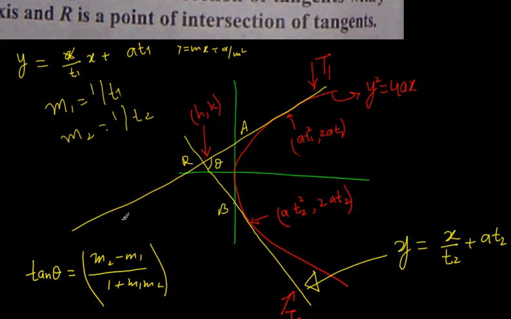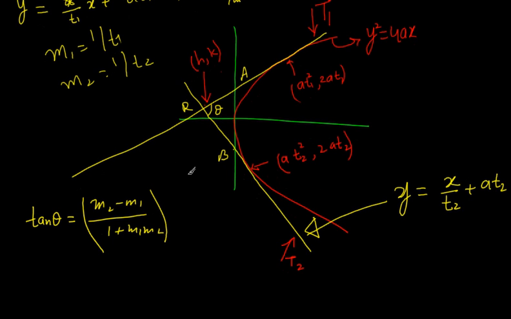Now, tan theta is a constant, no problem. Here m2 minus m1 means 1 by t2 minus 1 by t1, divided by 1 plus 1 by t1 t2.